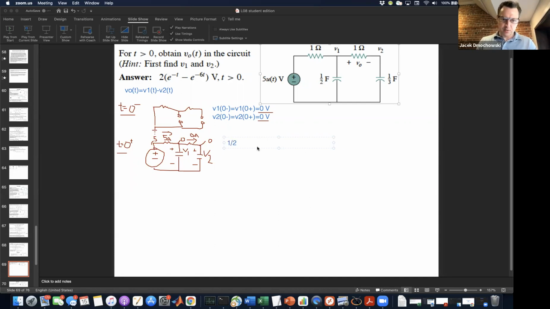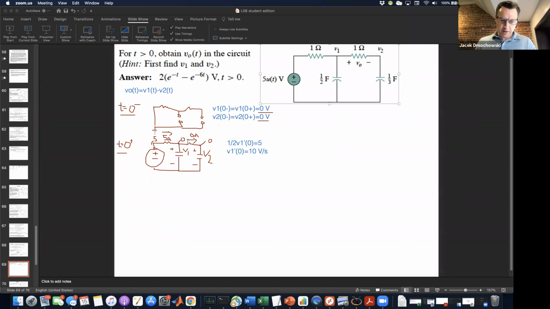This is this capacitor, 1/2 times V1 prime 0 has to equal 5, which means that V1 prime 0 is equal to 10 volts per second. Because there's 5 amps flowing along this loop, and we know that C V prime has to equal I, and I is equal to 5, the C is equal to 1/2. So the initial derivative of the capacitor voltage is equal to 10 volts per second.